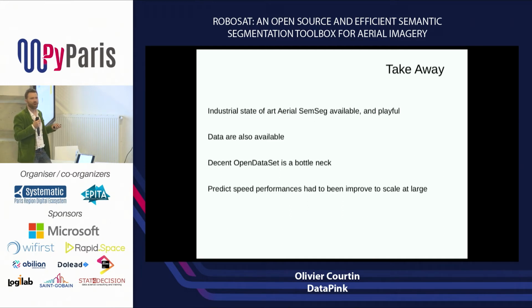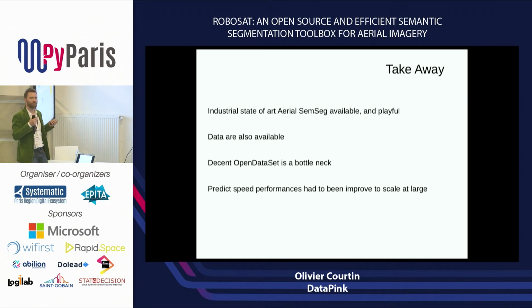There is no really good open data set available with imagery from all over the world. It's really easy to find imagery. It's really easy to find geometrical information, but as a feature, not as a mask.